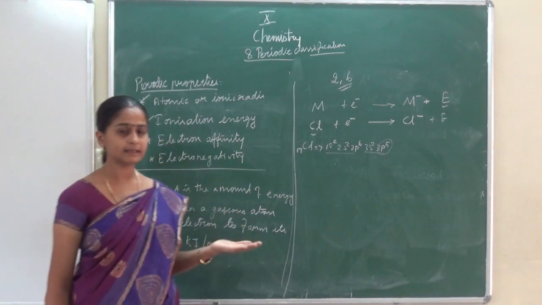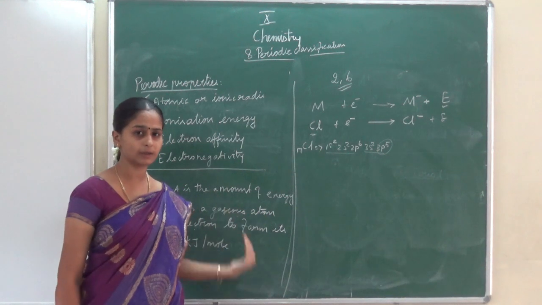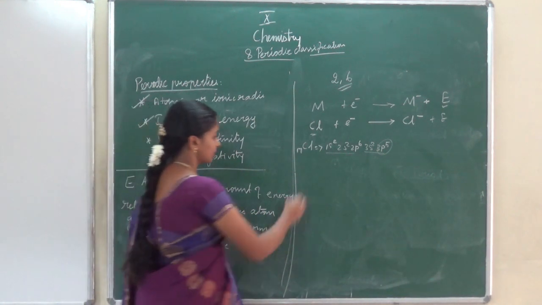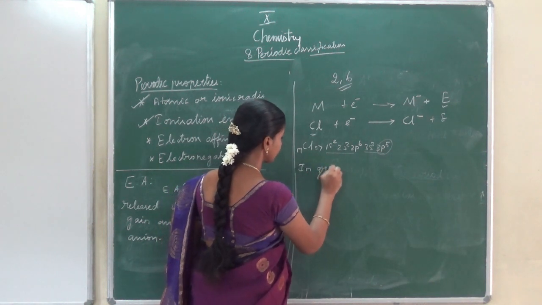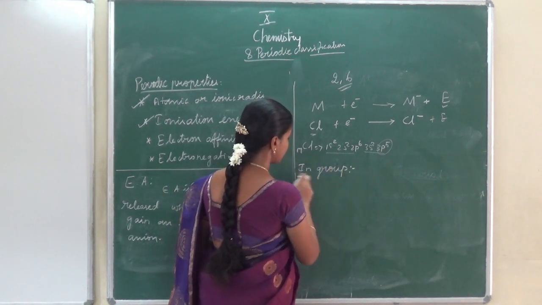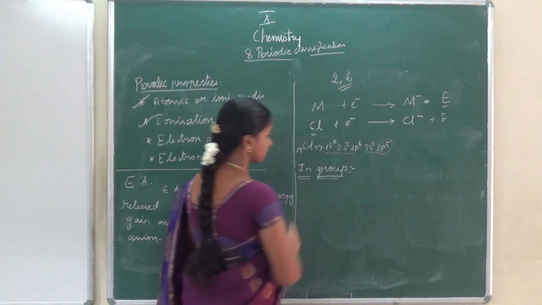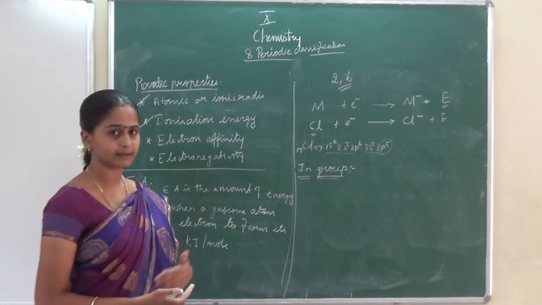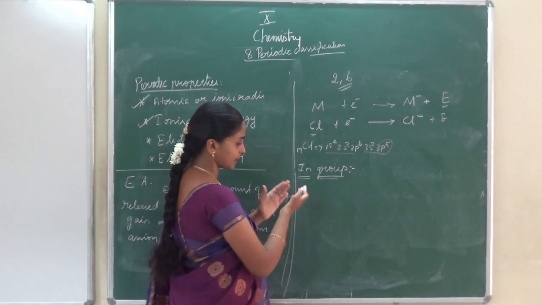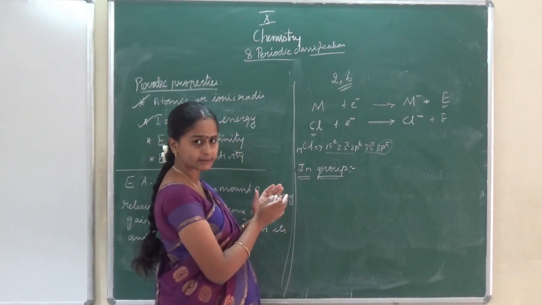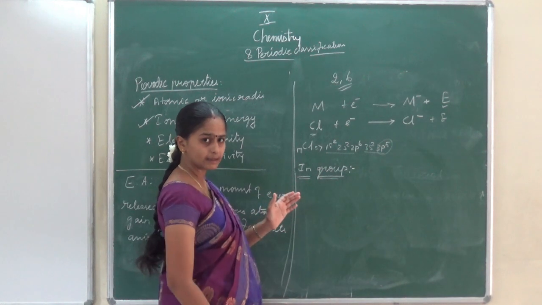Now we are going to see the trends. How it will vary in group and period. In group, first let us discuss it. This is also based on the radius only. In group, the radius of the atoms is increasing, we said.